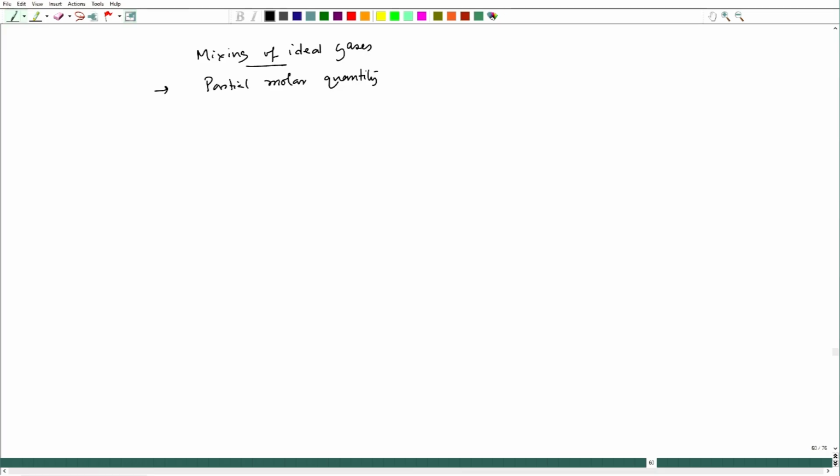Now, let us say Q is a generic extensive property of a particular quantity, an arbitrary quantity, of the mixture. So, remember this is an extensive property of a quantity of the mixture, and this quantity could be arbitrary. It can be 1 mole, 2 mole, 3 mole. Fine. So, let us say this is Q.